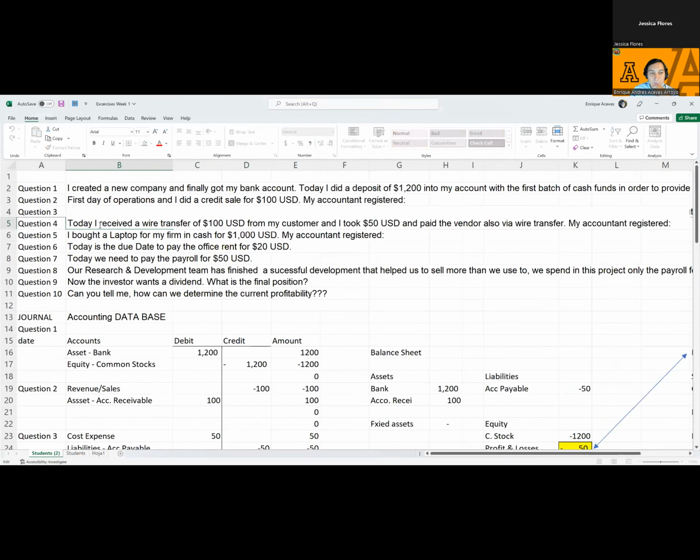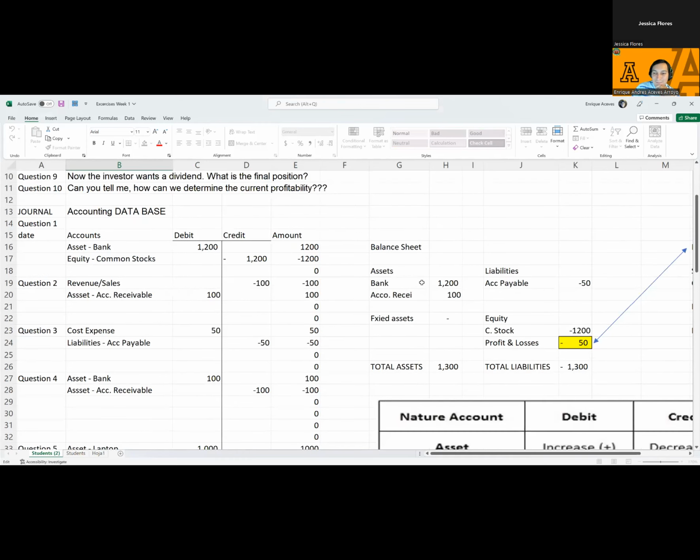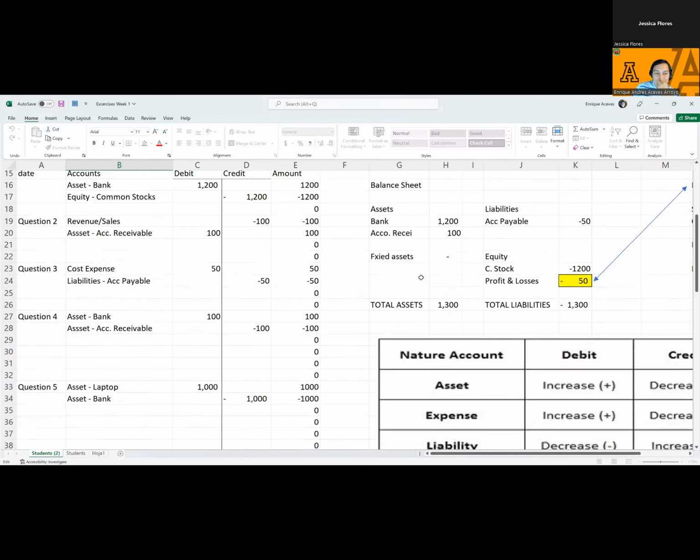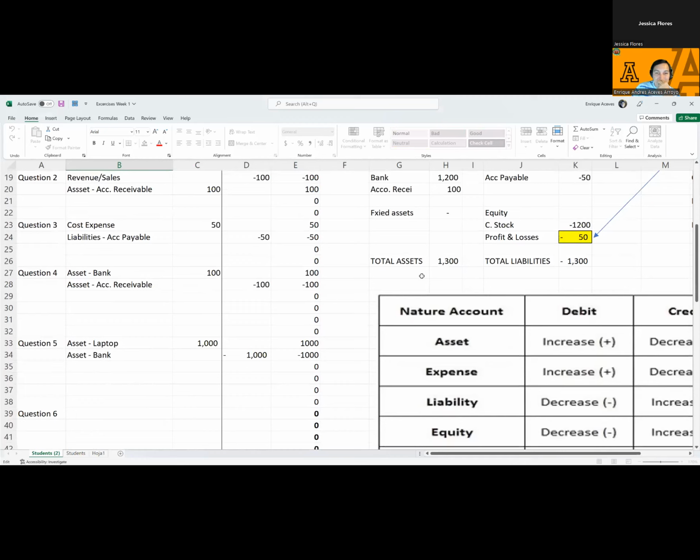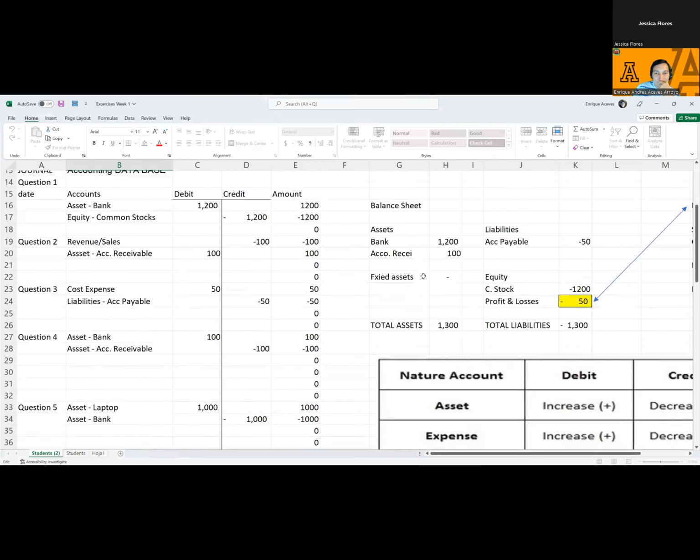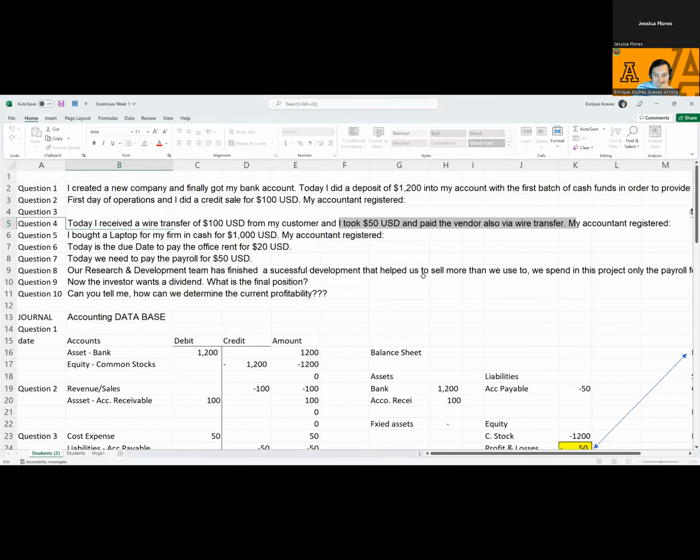In this transaction, we missed a part, guys. Today I received a wire transfer for $100 from my customer. And it says, I took $50 to pay what I owed, to pay my debt. Who can tell me that register, guys? If it's a debt, it can be a. But be careful.